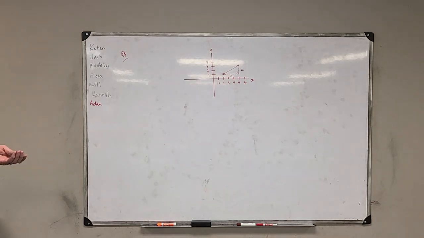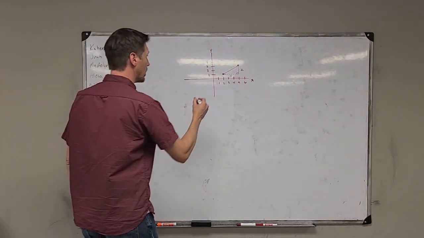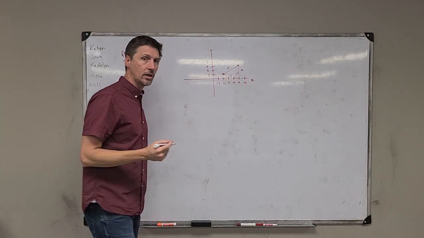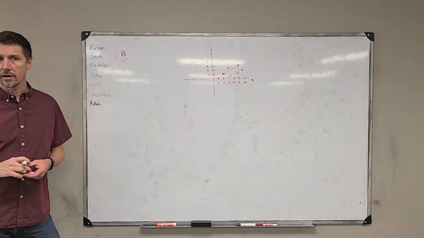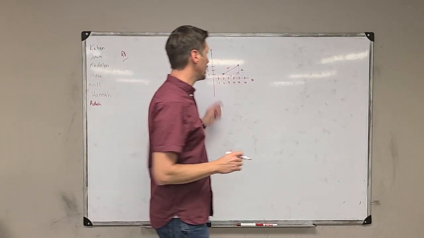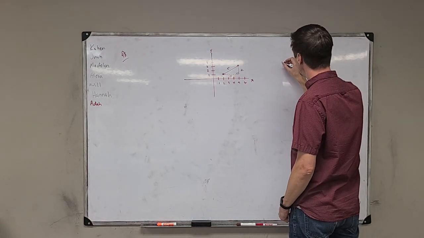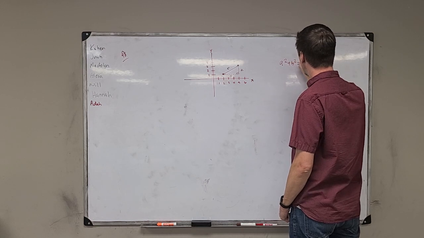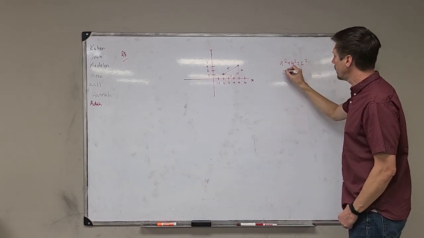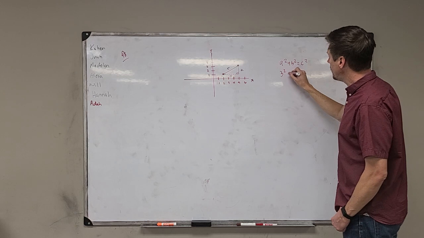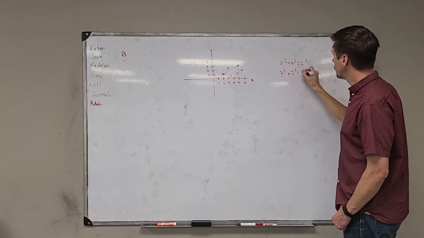So I have a right triangle, and the unknown that I'm trying to find, this distance here, is our c in our right triangle. Does everybody see that? So if I want to know the distance between those 2 points, I can do a squared plus b squared equals c squared. My a squared is 3 squared, my b squared is 2 squared, equals c squared.